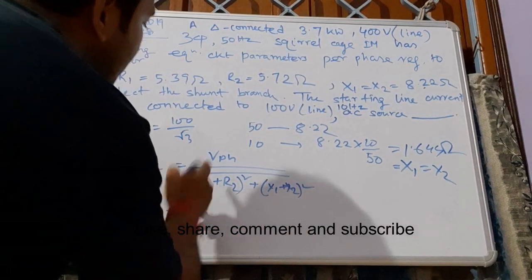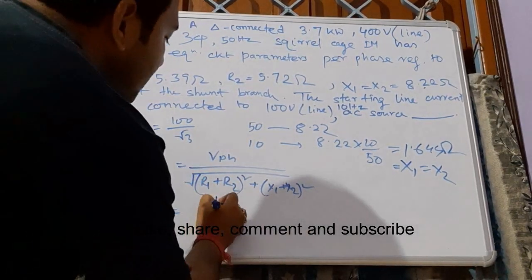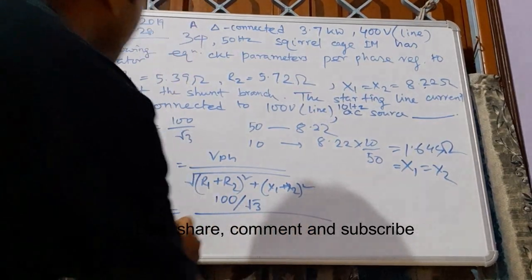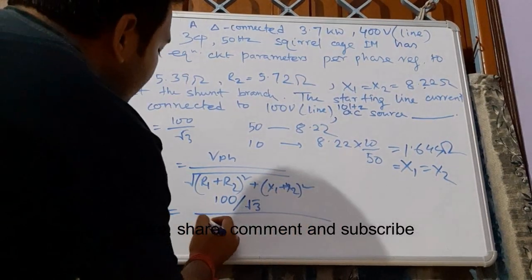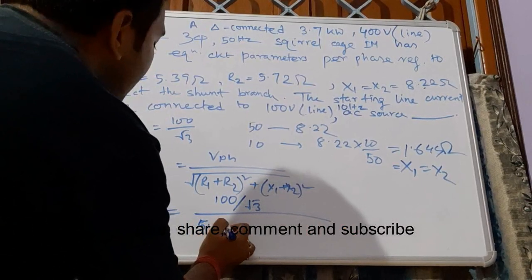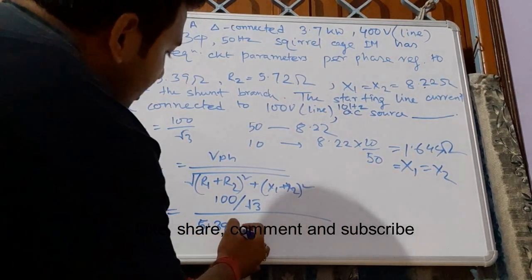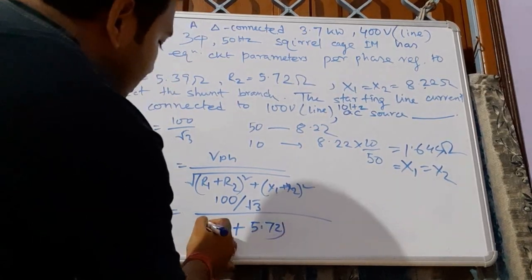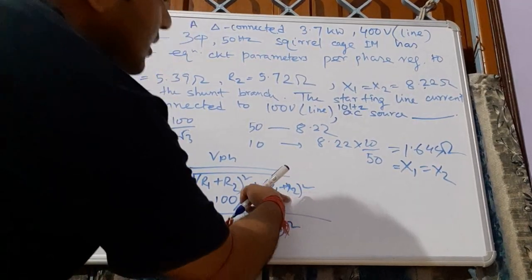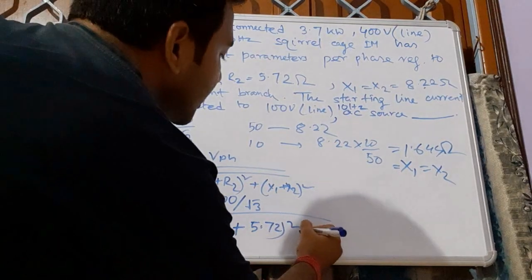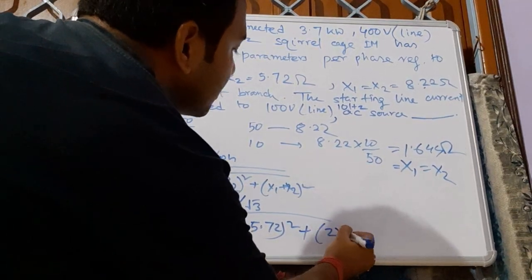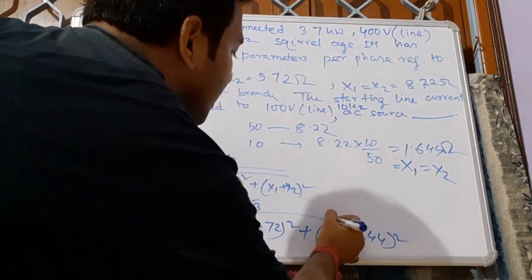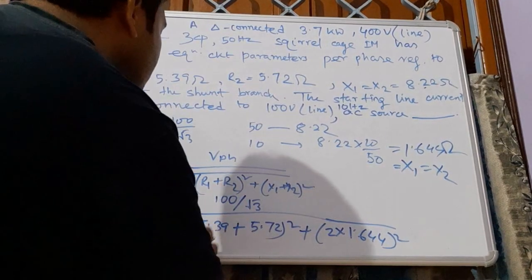Now this V phase equals 100 by root 3, divided by the root of (5.39 plus 5.72) square, and X1 and X2 being the same value, we write 2 into 1.644 square.